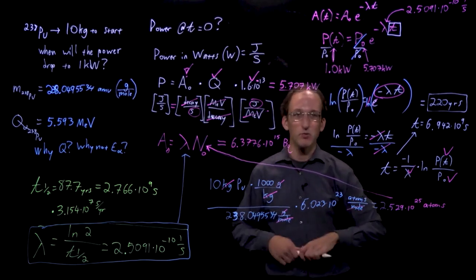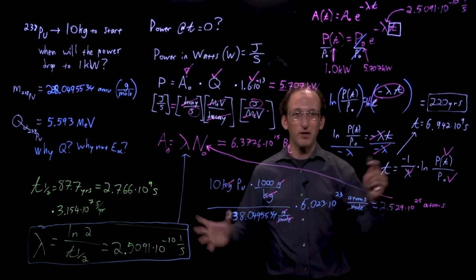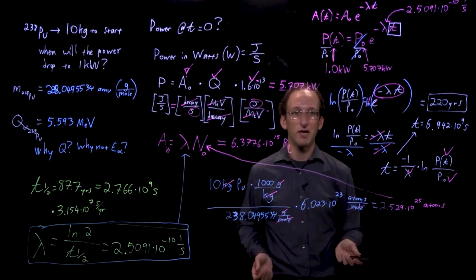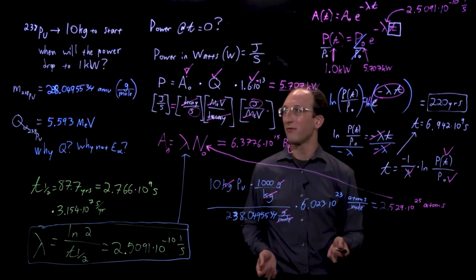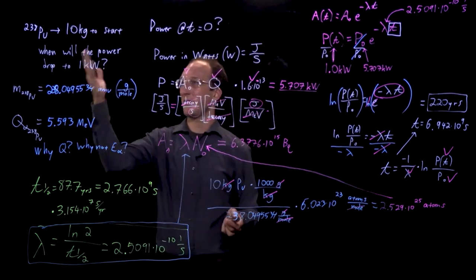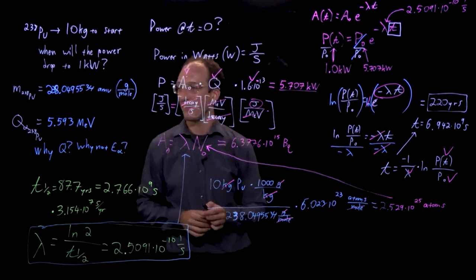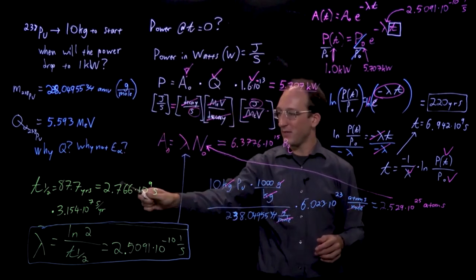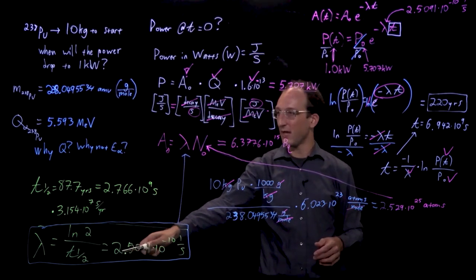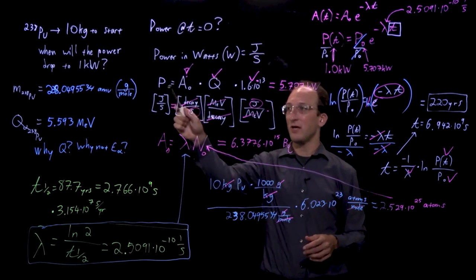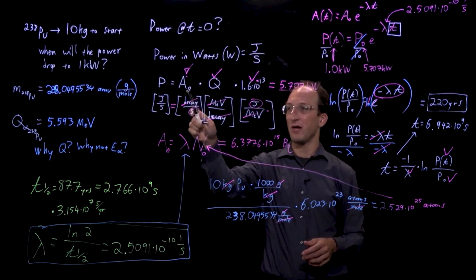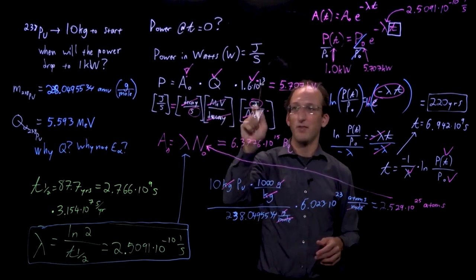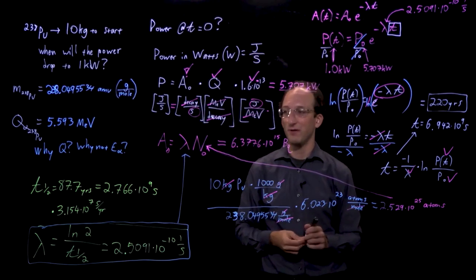Now I want to review just what we've done here, because we've pulled in a whole bunch of different pieces from this course together to do a fairly serious calculation. We started off with a pretty open-ended problem to say, when will the power drop to a kilowatt? We had to look up a bunch of values from the table. We had to make a conversion into lambda. We did a bunch of unit analysis to relate power to radioactivity via the Q number, which we looked up, and this conversion factor between joules and MeV.